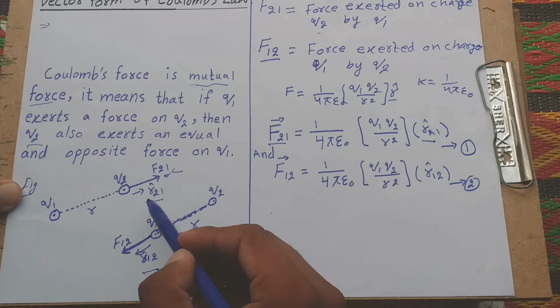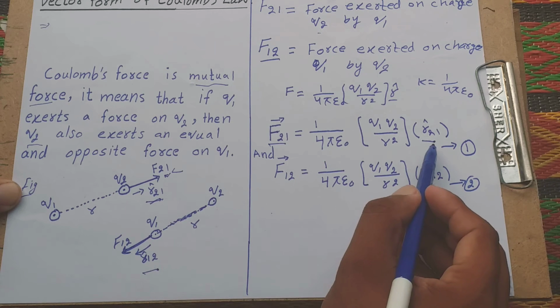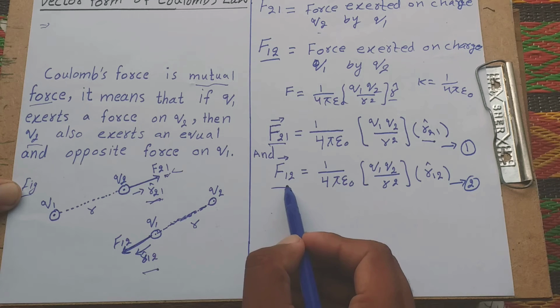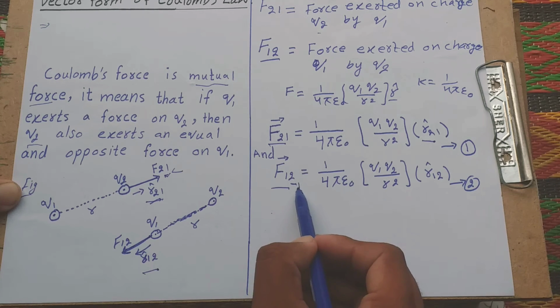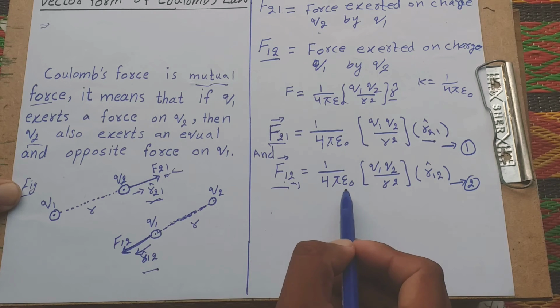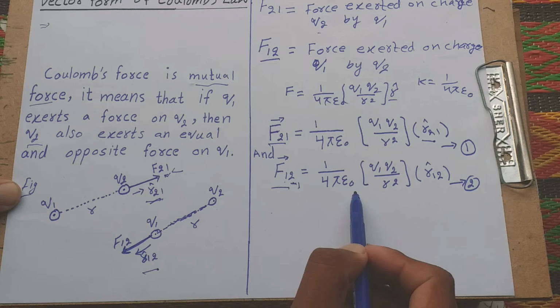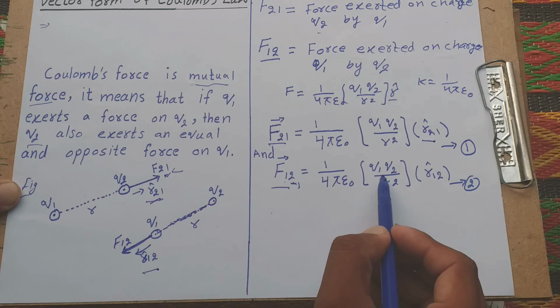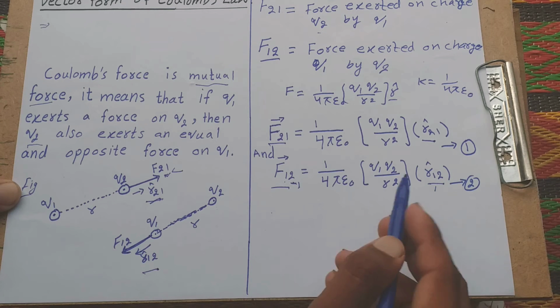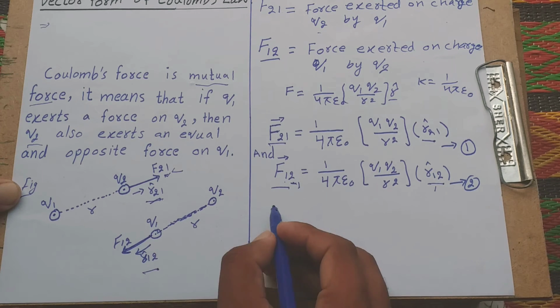Similarly, the force on q1 by q2, F12, is equal to 1 over 4 pi epsilon naught, q1 q2 over r squared, times the unit vector r12.